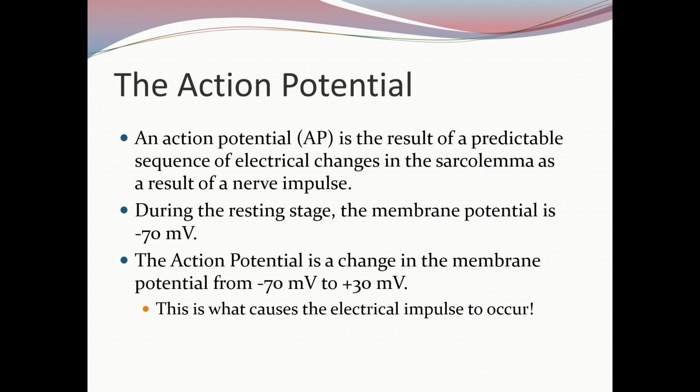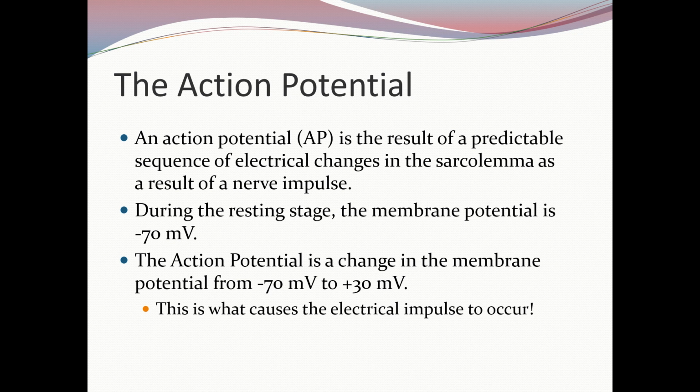Let's start by discussing something called the action potential. The action potential is the result of a predictable sequence of electrical changes in the sarcolemma as a result of a nerve impulse. So a motor neuron is going to send an impulse that will travel through the sarcolemma. And in order for an electrical impulse to occur, the sarcolemma has to be charged.